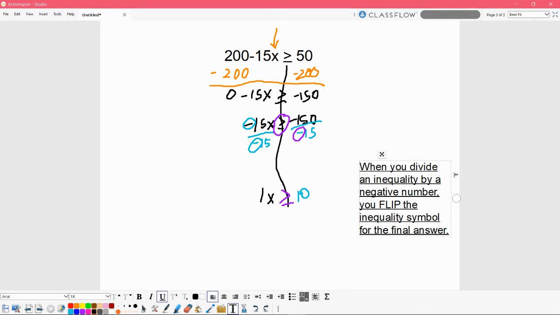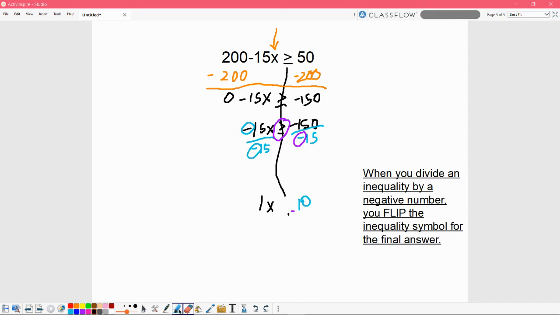You can go ahead and pause the video and get that copied down. Now remember, this only happens when you divide by a negative number. If we had divided by a positive 15, then this inequality would stay a greater than or equal to symbol. And I already made a mistake.